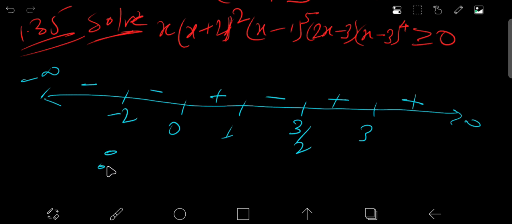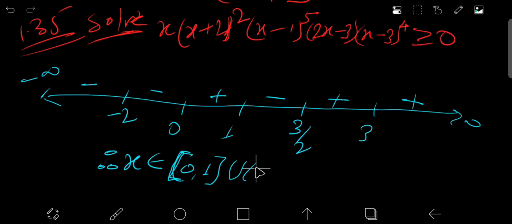So my solution is x belongs to the positive intervals. Since it is equal to, we take closed intervals, meaning 0 is included in this interval and 1 is also included, union closed interval 3 by 2 up to infinity. This is the final answer.